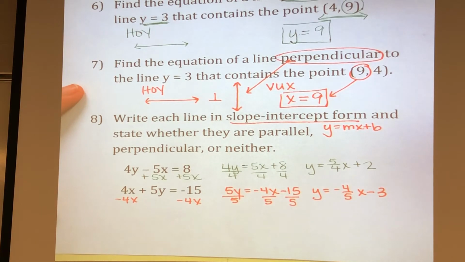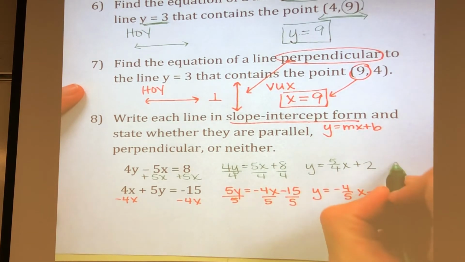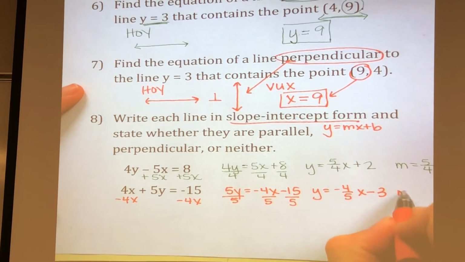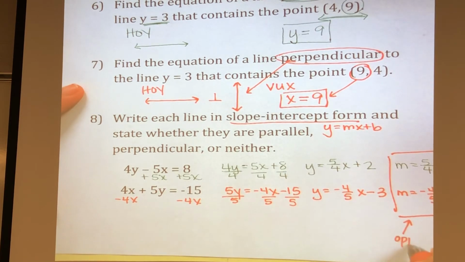All right, so the slope of this first one is 5/4, and the slope of the second one is -4/5. Well, if you take a look at those, you'll see that they are opposite signs and they are reciprocals. So that means that these are perpendicular to each other.